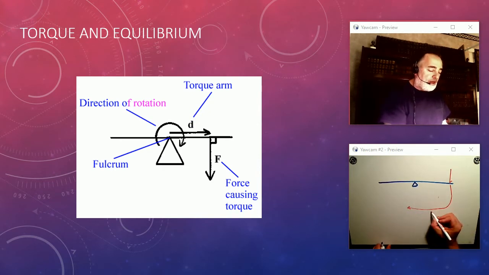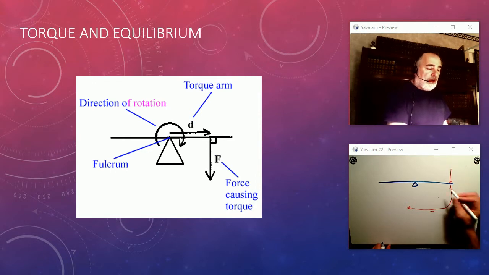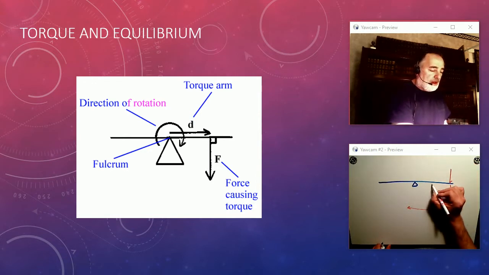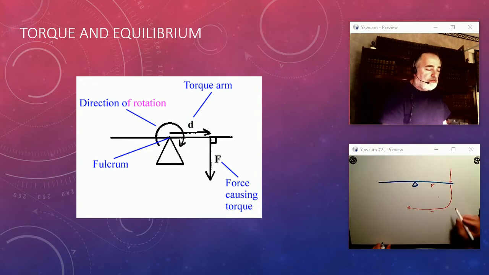Well, that is negative torque. And that torque, this particular torque, is this radial arm times the force. And in this case, it'd be the force of gravity.